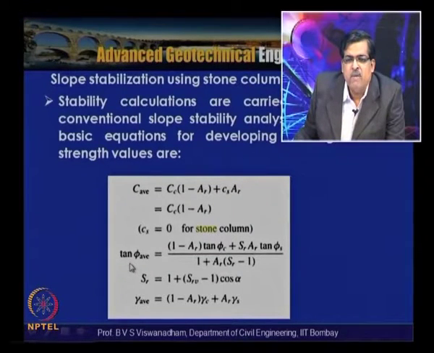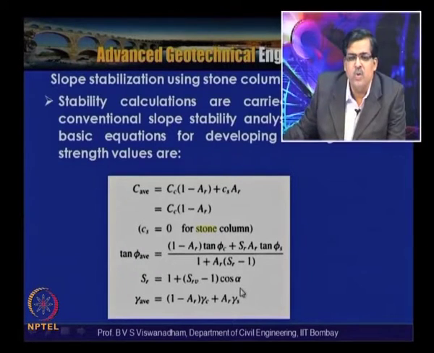So tan phi average is (1 minus AR) into tan phi C plus SR into AR tan phi S, divided by 1 plus AR into (SR minus 1), where SR is nothing but 1 plus (SRV minus 1) cos alpha, and gamma average is (1 minus AR) into gamma C plus AR into gamma S. So the different notations we will look into.